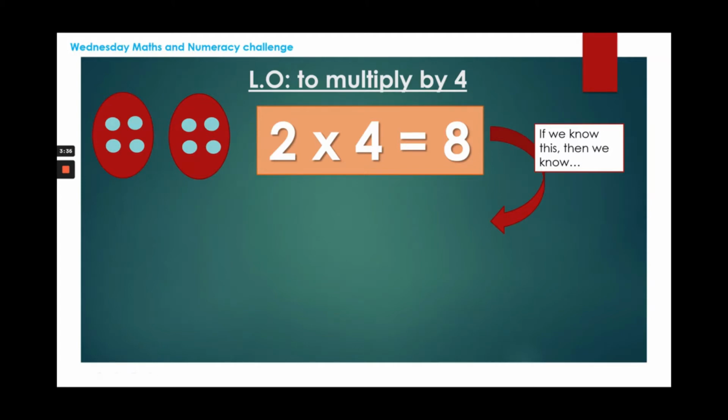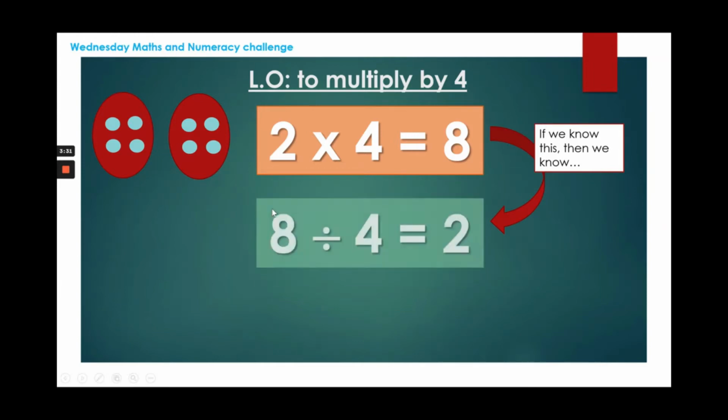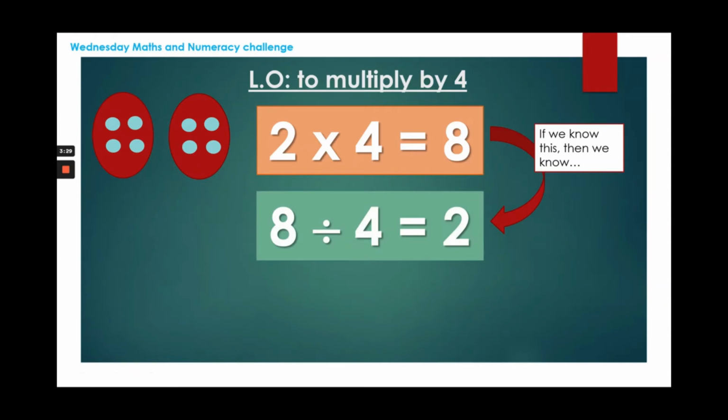So if we know that, then we also know this. Now, instead of using the times, we're using division, so to divide. And that is using the same skills as what we know with our multiplication. So look, it's using all the same numbers. All they've done is put them in a different order. So what is that telling us?